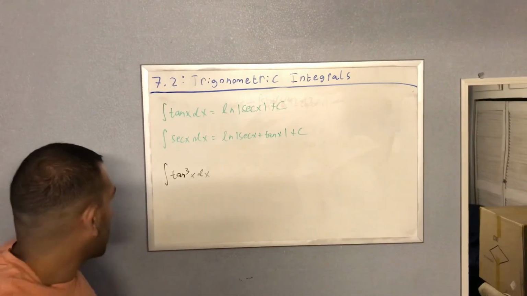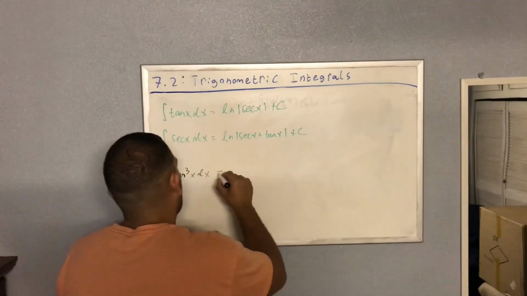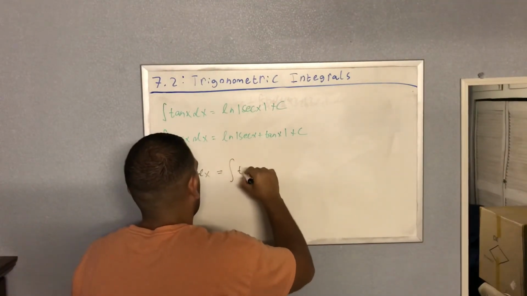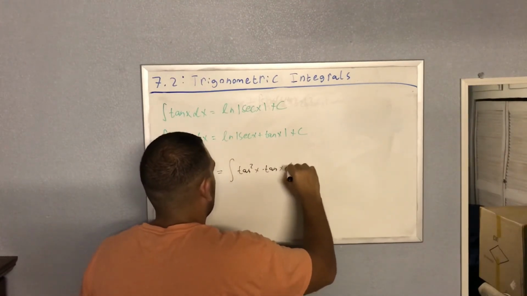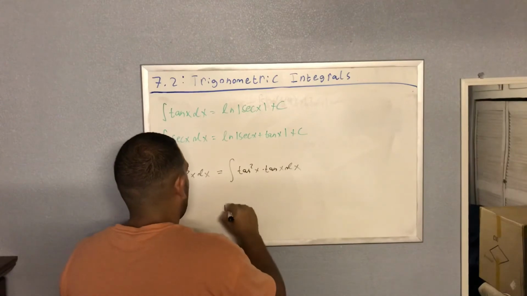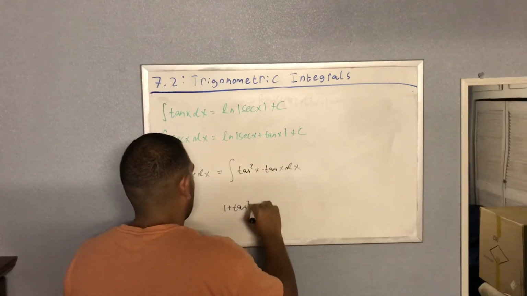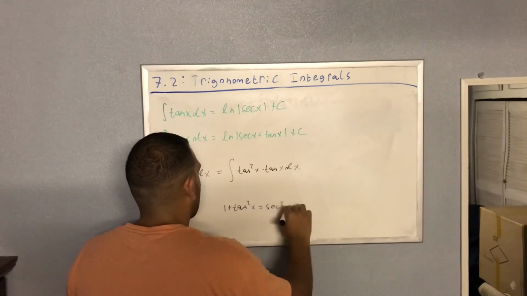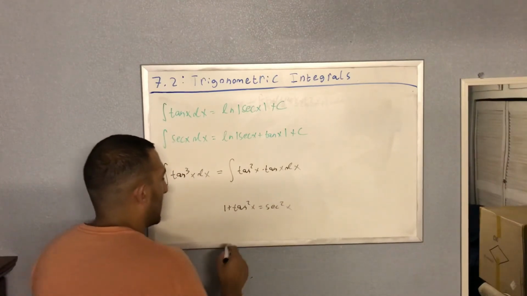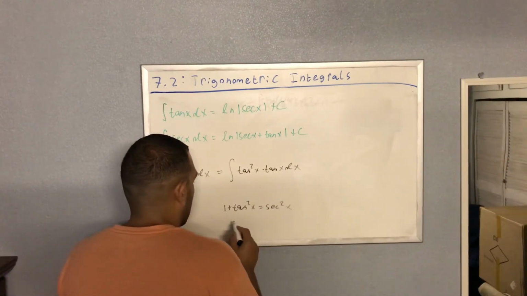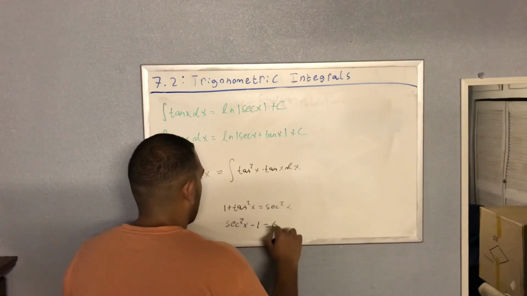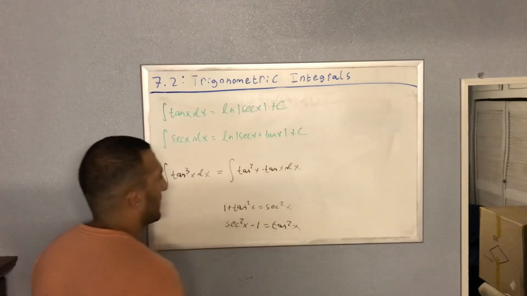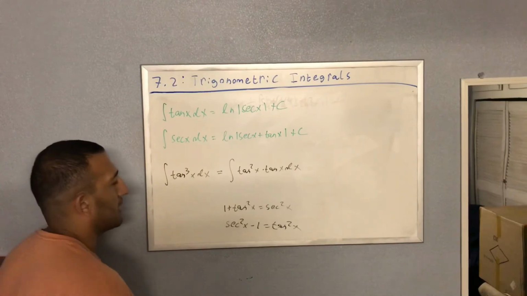So what we're going to do is write this as the integral of tangent squared times tangent. And then remember, 1 plus tangent squared was secant squared, meaning that secant squared minus 1 is tangent squared. We're going to make that replacement here.